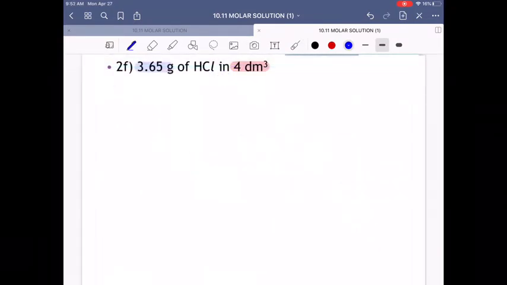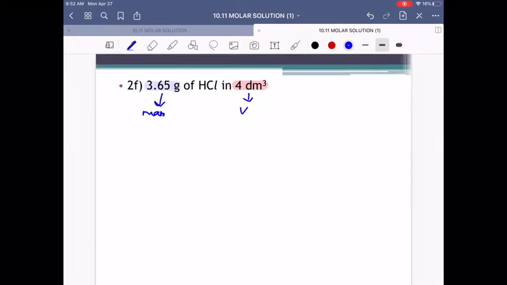so in question 2f here you are given mass, in 4 dm cube. This is volume, so you are required to find concentration. How are we going to do that?